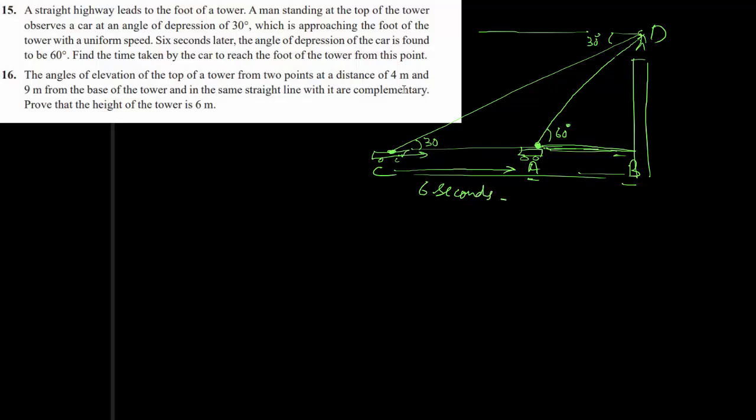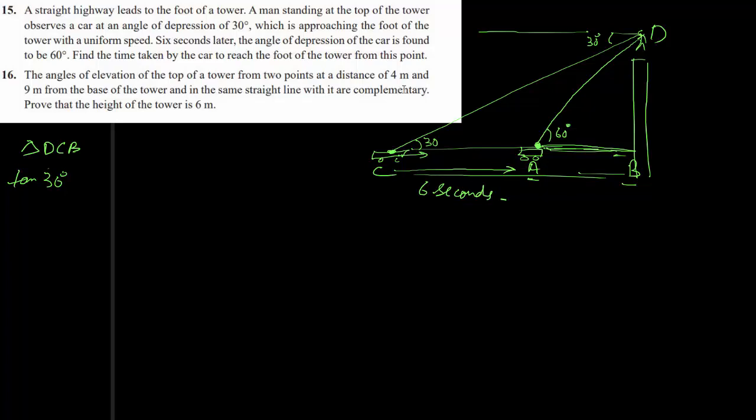Now we can use triangle DCB, and again tan theta, because opposite and adjacent we're interested in. Tan 30 degree in triangle DCB.